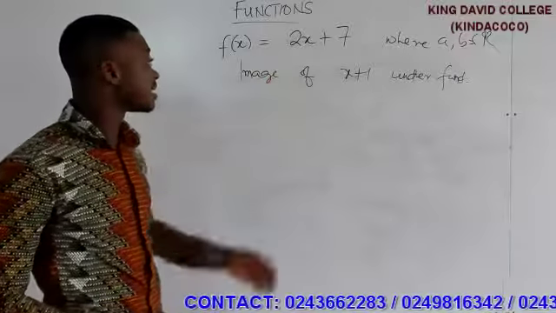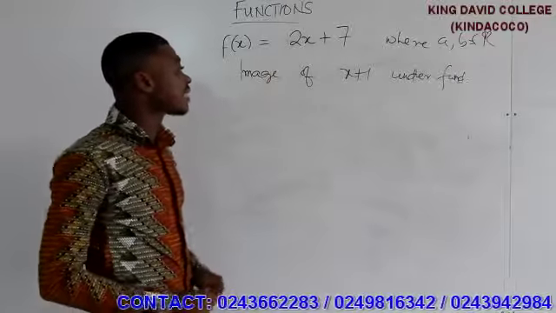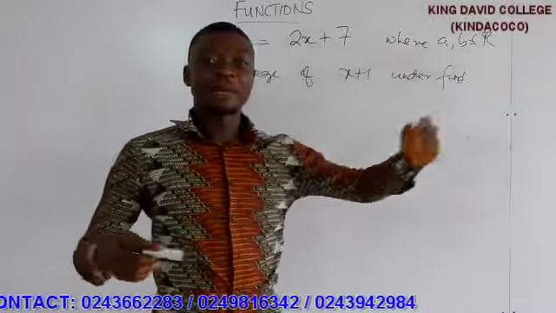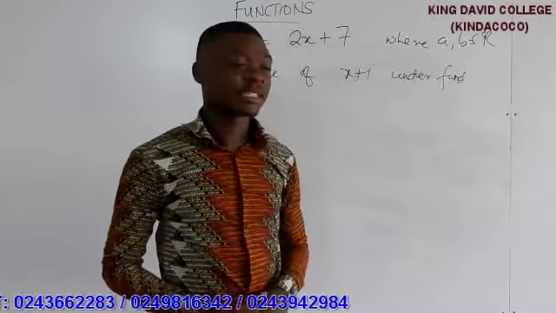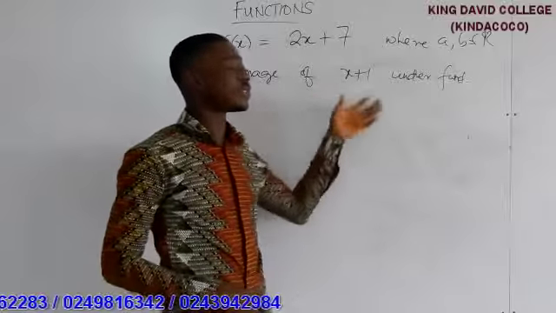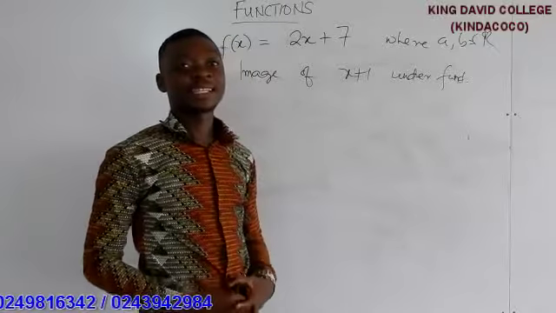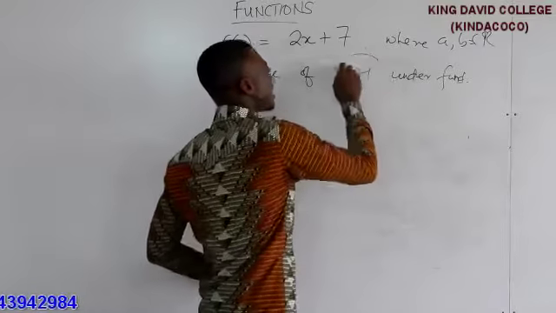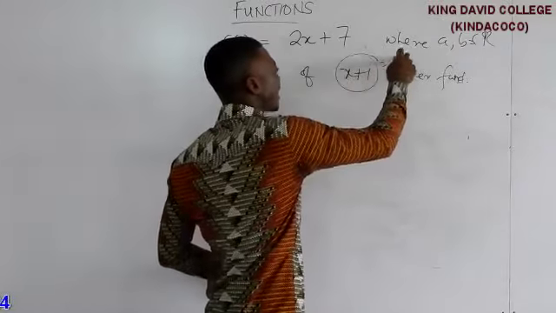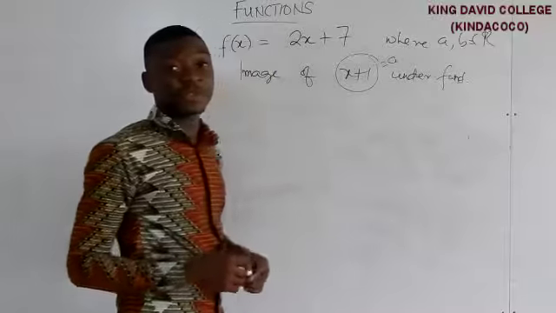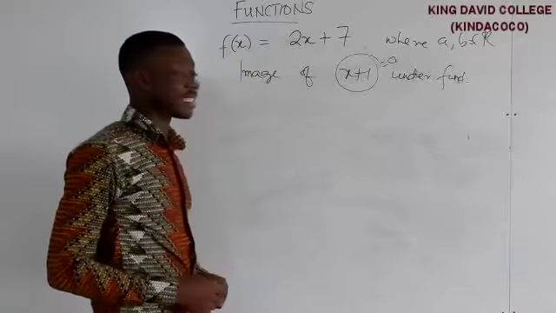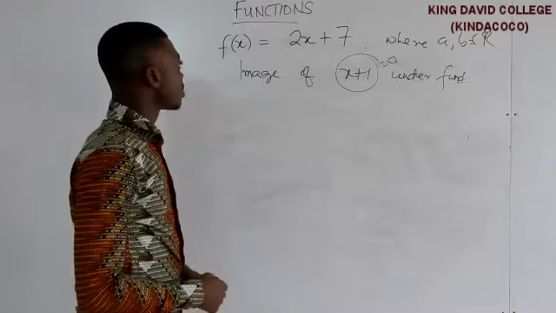When you are given things like this, it just looks like the composition of functions we did, where x plus 1 in itself is also a function on its own, just that there is no name. So you can treat this as a single value, just like you would treat a single value expression.